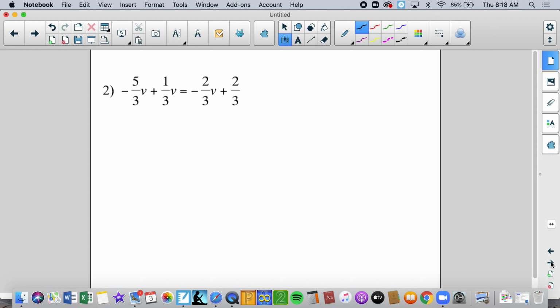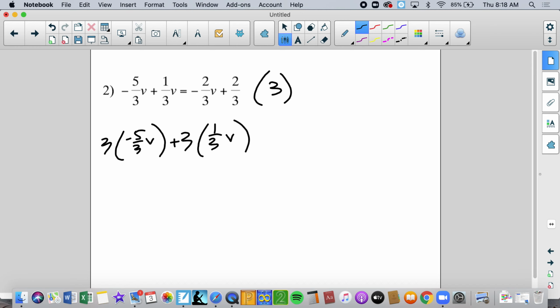Next problem. Oh, we like this one. We look at each of the denominators. They're all 3's, and we can just multiply by 3. 3 times negative 5 thirds v plus 3 times 1/3 v, equals 3 times negative 2/3 v plus 3 times 2/3.